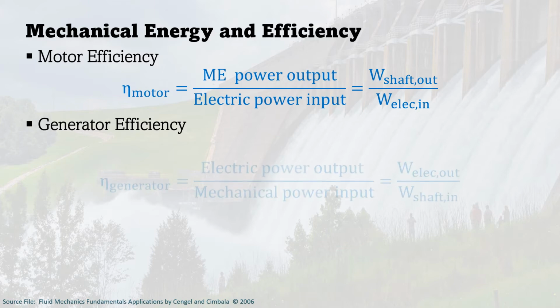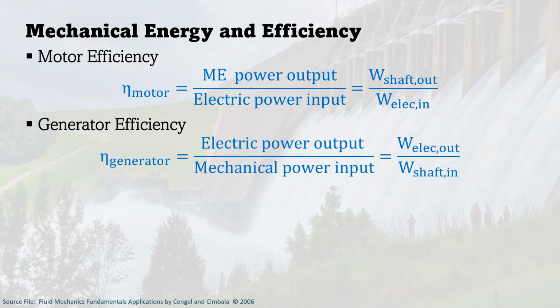For the generator efficiency, it is the electric power output divided by the mechanical power input. So say for example, when you connect a turbine to a generator, the turbine will produce this mechanical power input. The product of the generator will then be the electrical power output.